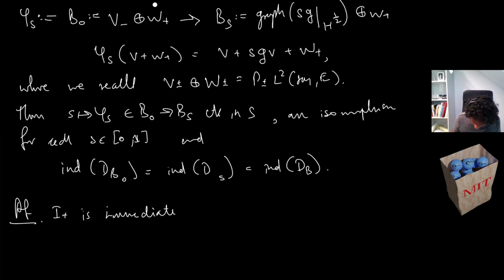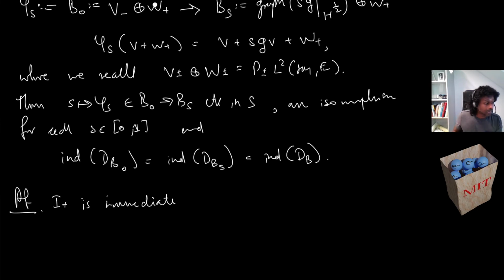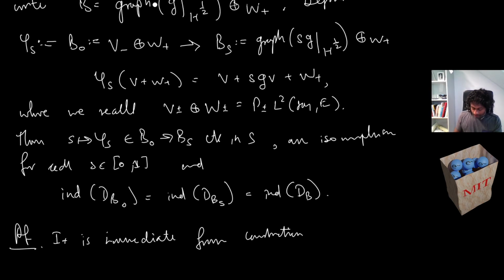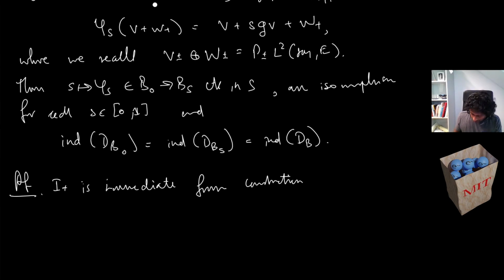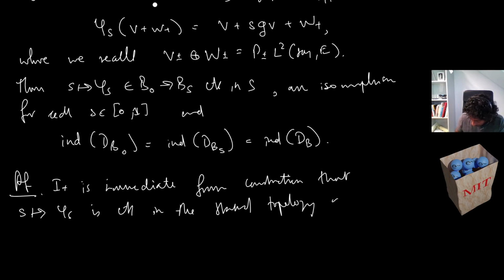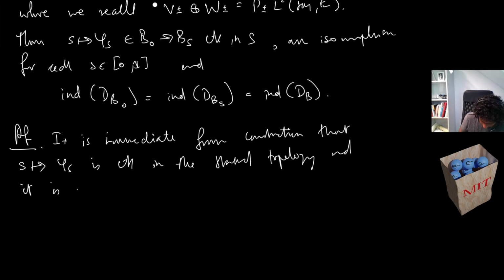Aha, okay. All right, so it is immediate from construction. I mean, it's clear that S maps to phi S is continuous in the stated topology, and it is an isomorphism for each S. Okay.